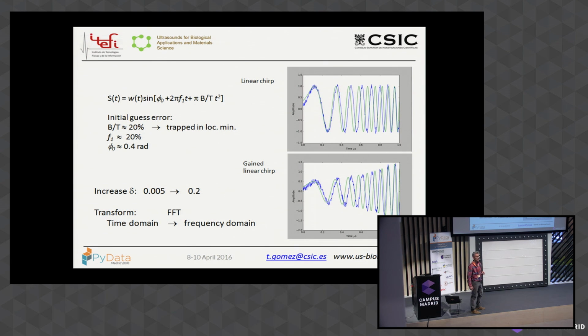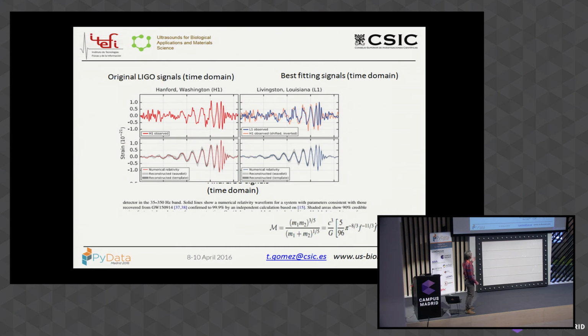And a pretty good idea in this case is to work in the frequency domain. So we stop working in the time domain, and we transform the data from the time domain to the frequency domain, and we operate in the frequency domain. For those of you familiar with that, this is a fast Fourier transform, FFT. So this is the signal from what is called the mass chirp.